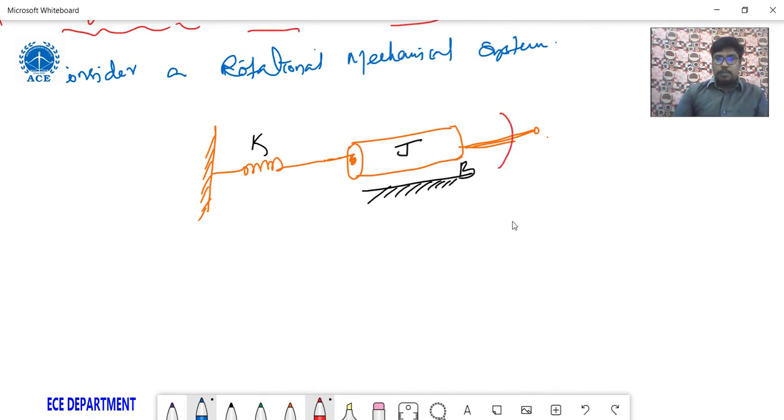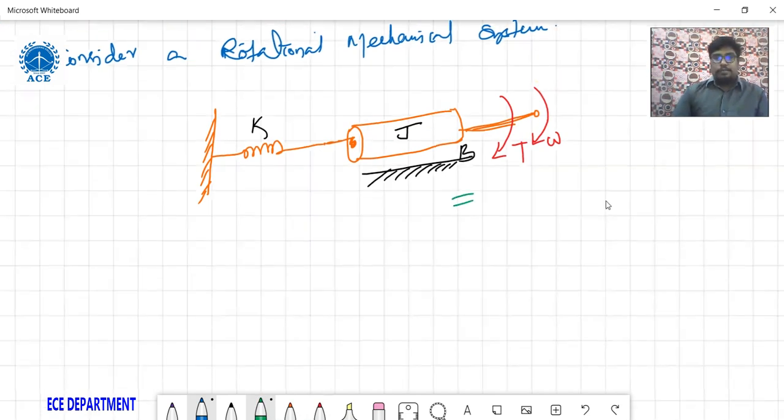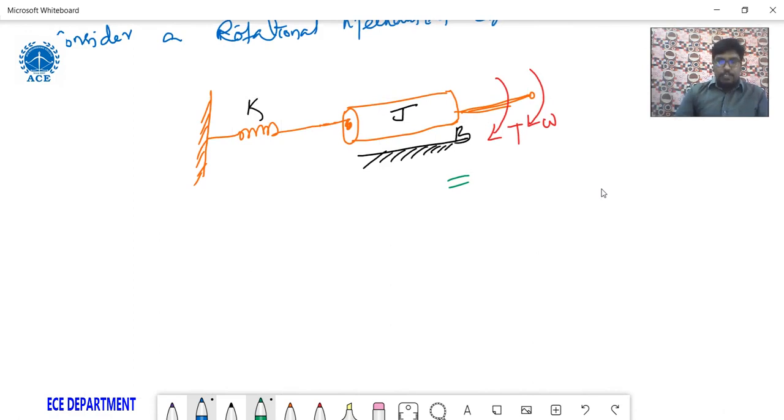So externally applied torque T and angular velocity in the same direction. Now, for this given rotational system we need to draw a free body diagram.